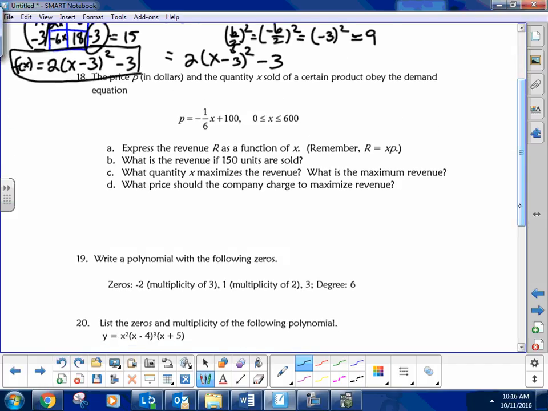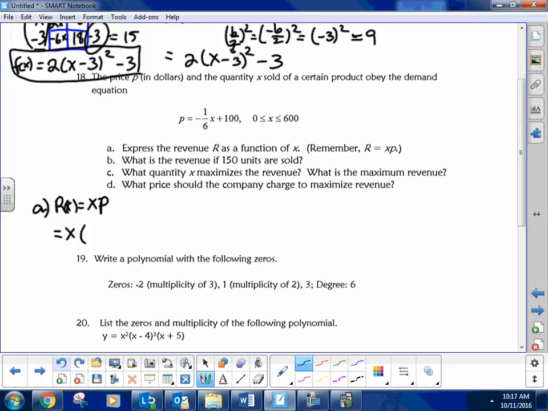And now talk about how to express the quantity of a certain product as a demand equation. And to do A, make sure you use this equation Rx is equal to x times P. Currently it's expressed not as x, but actually an equation of price and units.